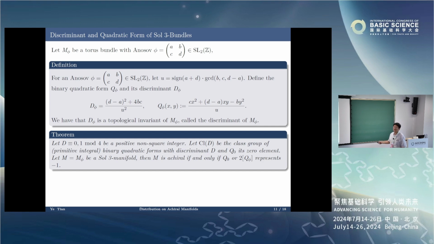The zero element is the principal form, just like the Pell equation x squared minus d y squared, right, if D is congruent to 1 mod 4.